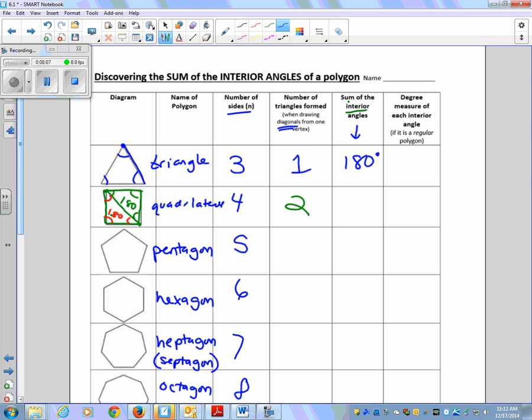Because together, this angle plus this whole angle plus this whole angle plus this whole angle will give us the sum of the whole quadrilateral's interior angles. So it's just going to be 180 and another 180. So what's the sum of the interior angles of this quadrilateral? 360.